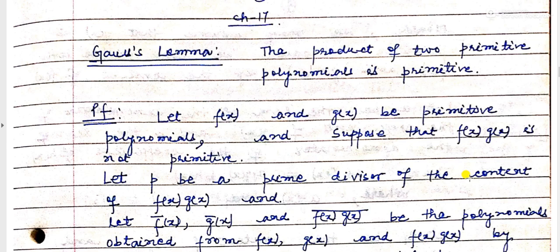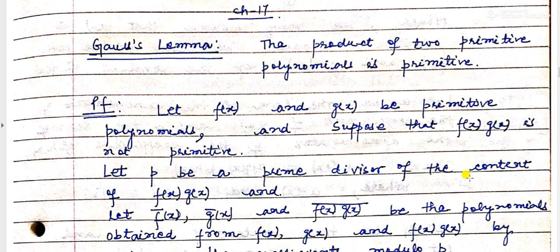So we assume the contrary, that it's not primitive. Not primitive means f(x)g(x) will have content greater than 1. So let's assume that p is a prime divisor of the content of f(x)g(x).